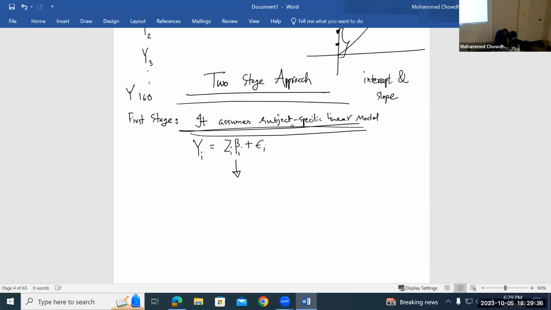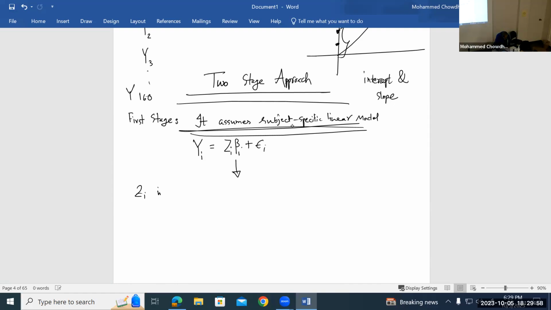I already mentioned that i equal to 1 means the first subject specific model, i equal to 2 means the second subject. Now let me specify these things. What is Gi? You will understand more deeply when I give the real example from that note.